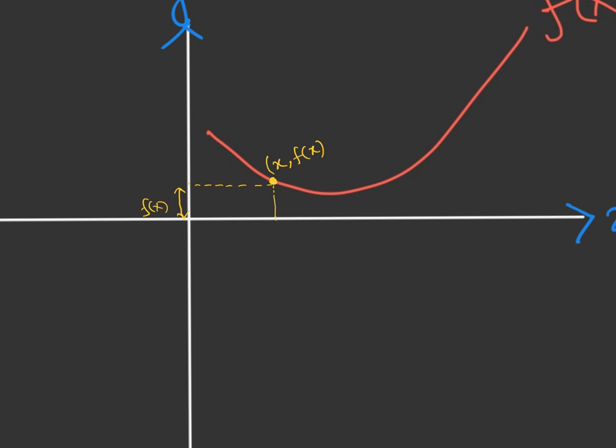And let's try to take another point on the same function, and basically what we are going to do is take another point that is some h distance from x.